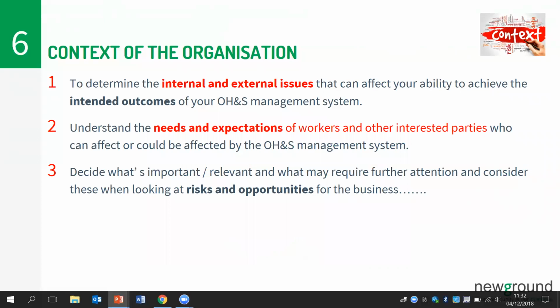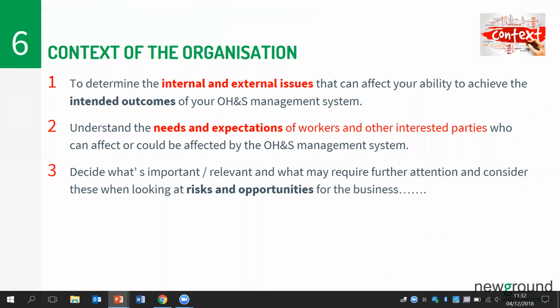So context of the organisation is split into two main parts. The first part is that you must now determine the internal and external issues that could affect your ability to achieve the intended outcomes of your safety management system.